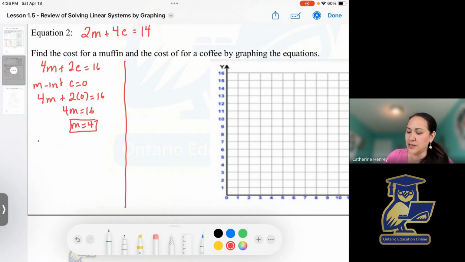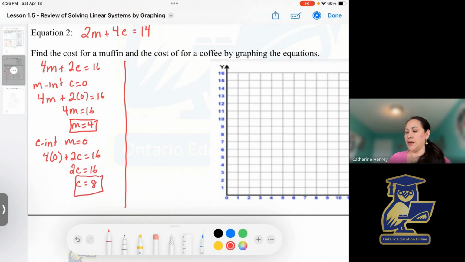Next, we want to find the C-intercept. So we have M equal to 0. So we have 4 times 0 plus 2C equals 16. So 2C equals 16, and C is then equal to 8. All right, and those are my intercepts for my first equation.